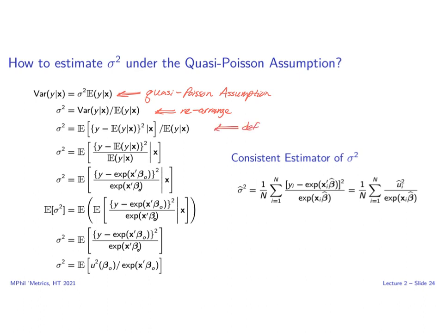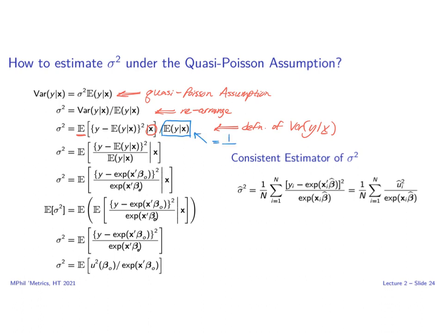Now, by definition, the conditional variance is equal to the following expression. But notice that the conditional variance is a conditional expectation of something given x. And this expectation of y given x in the denominator is just a function of x.